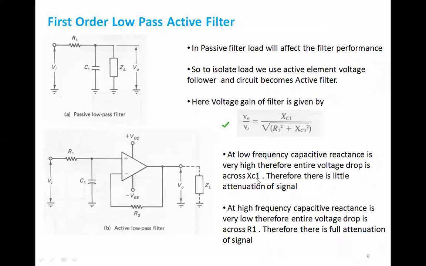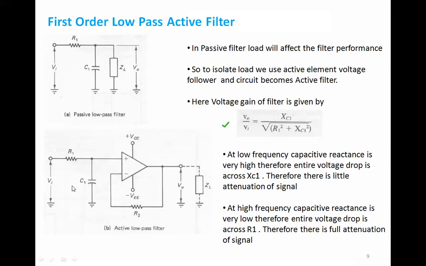So if my capacitive reactance is high, then whatever is the load will be coming across the C. Therefore, there is little attenuation of the signal. Why is there little attenuation? Because the capacitor can fully charge and hold it. At high frequency, the capacitive reactance is very low. Therefore, the entire voltage drop is across R1.